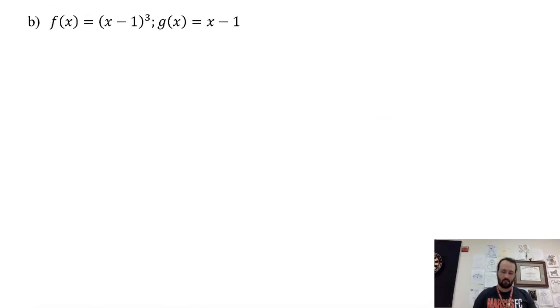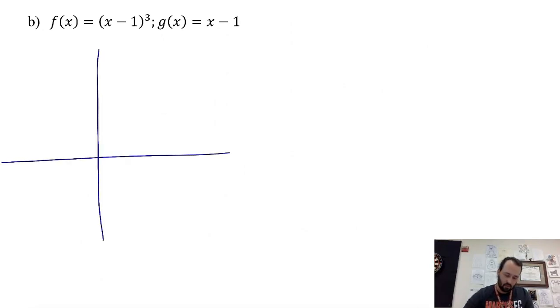All right, so we have (x minus 1) cubed and just x minus 1. So I'm going to graph these, to help myself visualize. So (x minus 1) cubed does not look like that. It should look something like that, because I have a 0 at 1, have a y-intercept at negative 1.